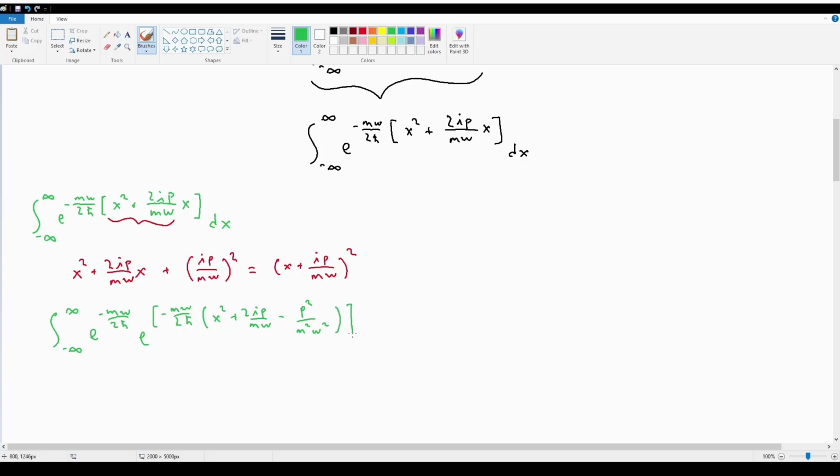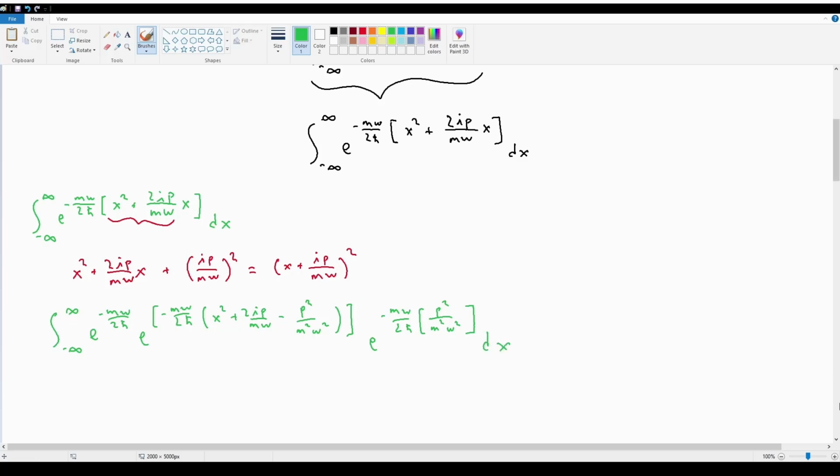And I close this off, and to counteract that, I'm going to add another exponential with the opposite sign, so e to the power of negative m omega over 2 h bar, and this time multiplied by positive p squared over m squared times omega squared. And I close this off with the dx.